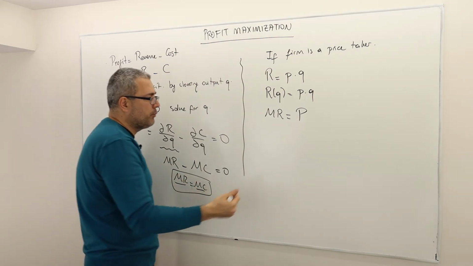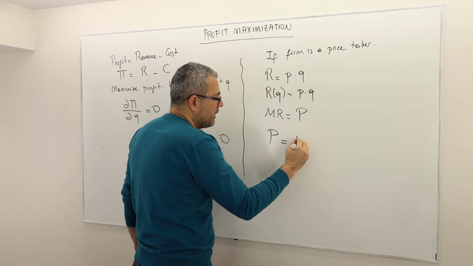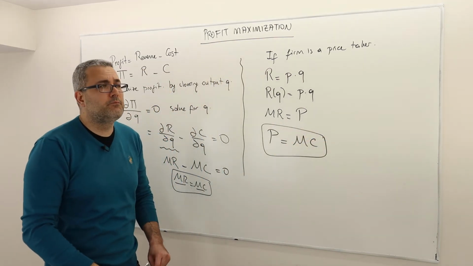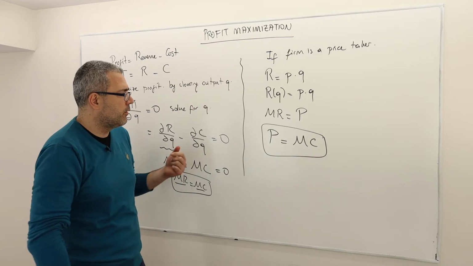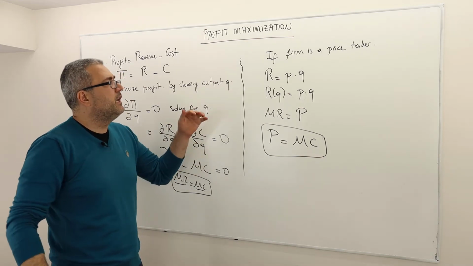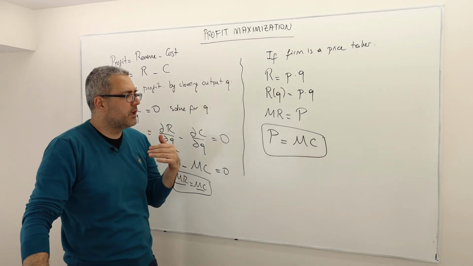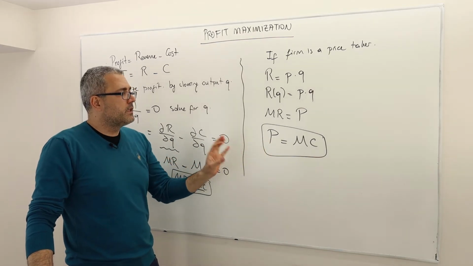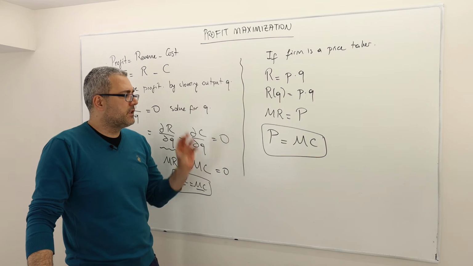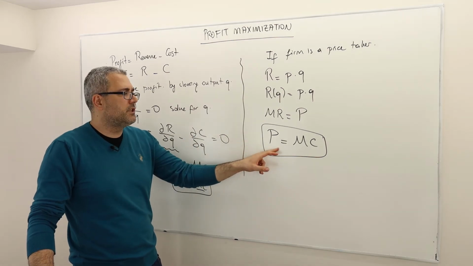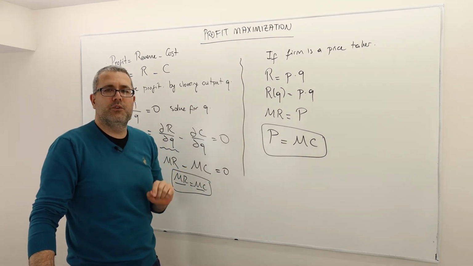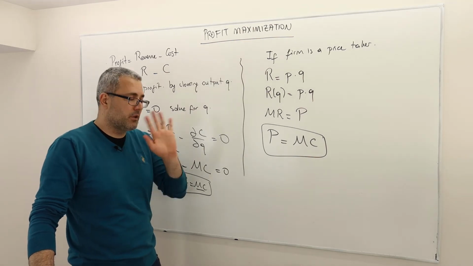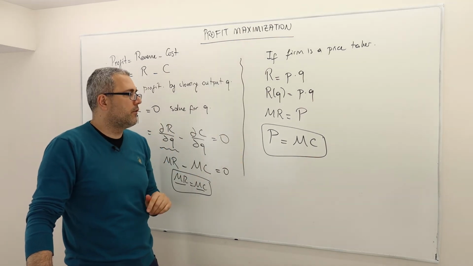So therefore, if you again use this idea, what is the profit maximizing output? Well, it is the output level where price equals marginal cost. You probably remember this from intermediate micro or even principles, that in a perfectly competitive market where each firm is a price taker, the firm is going to choose its quantity level such that the market price is equal to the marginal cost of the firm.